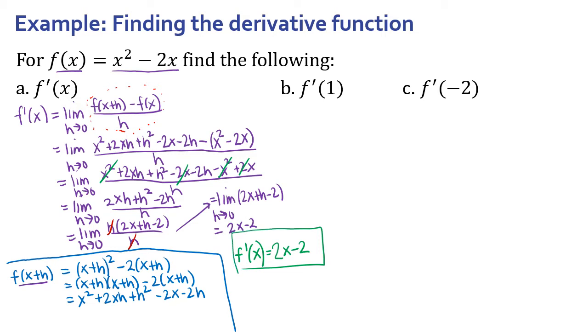What's great about doing this is that now that I have a formula, I can easily go through and find the rate of change at specific x values really quickly, because all I have to do is use this formula.